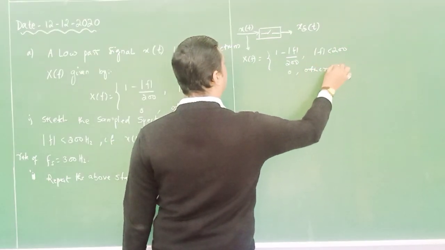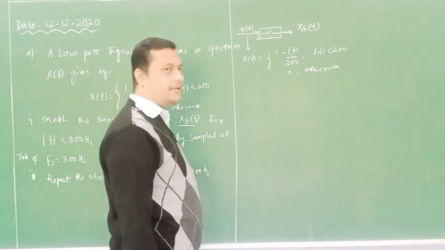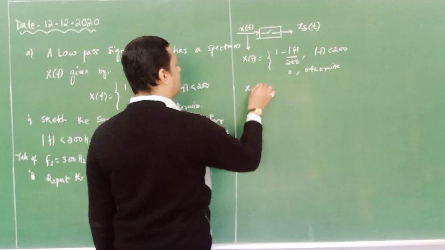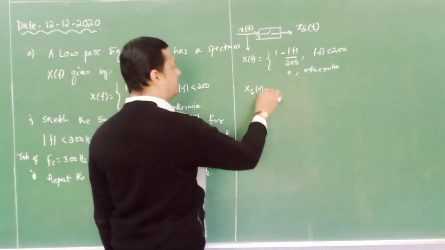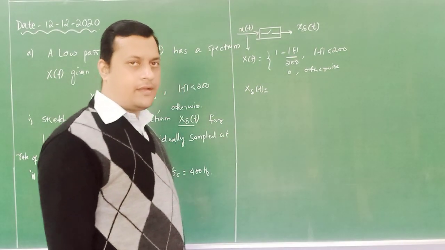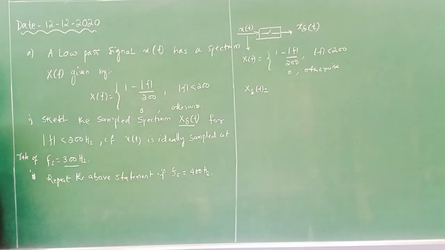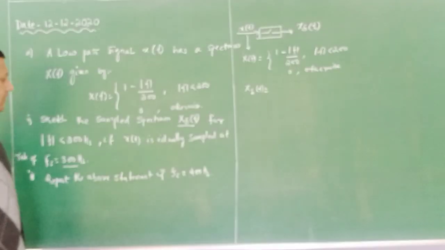We need to represent x delta of t as X delta of f, sampled at a rate of 300 Hz. How to represent this?